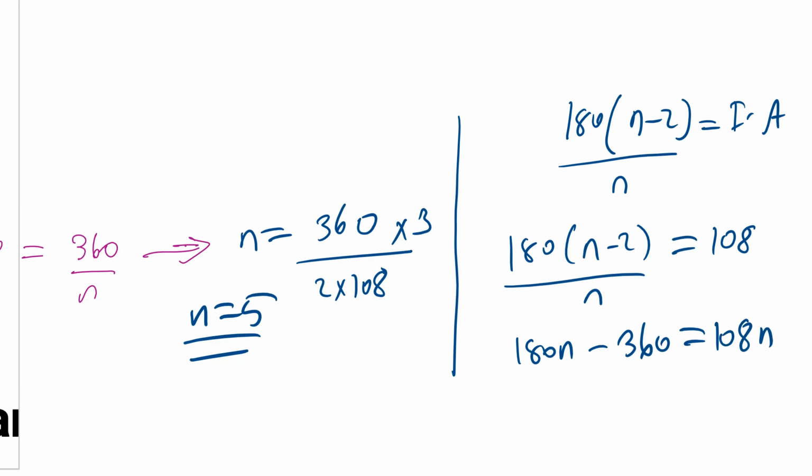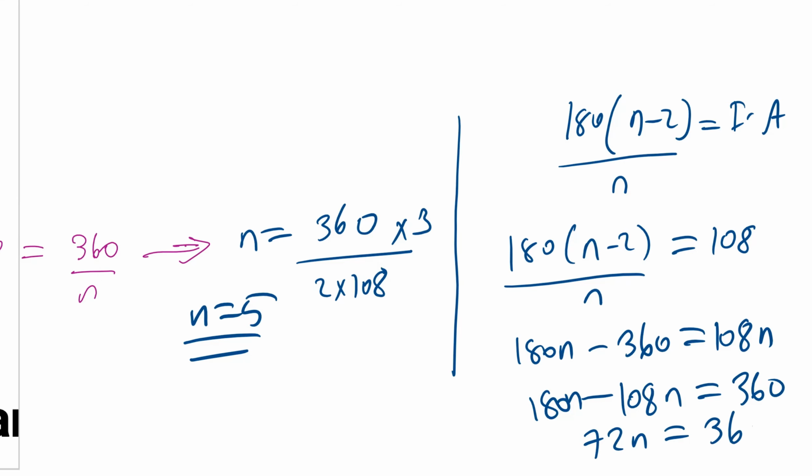You subtract: 180n minus 108n gives 72n equals 360.